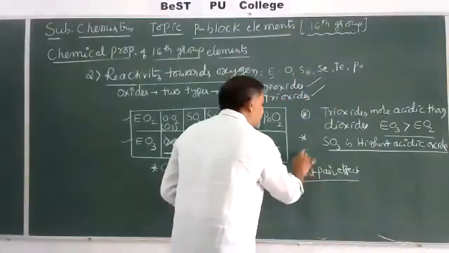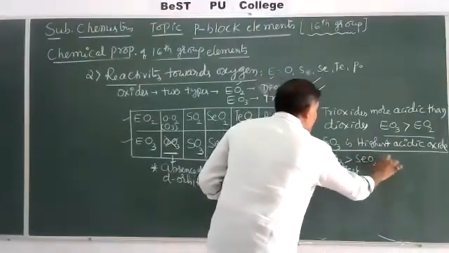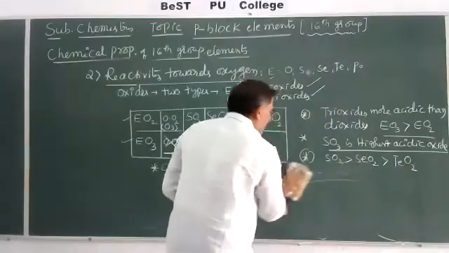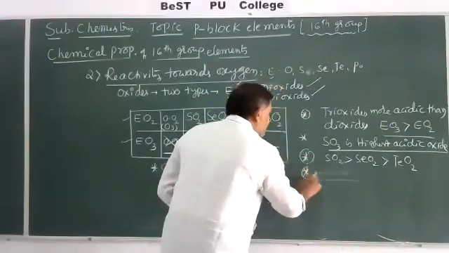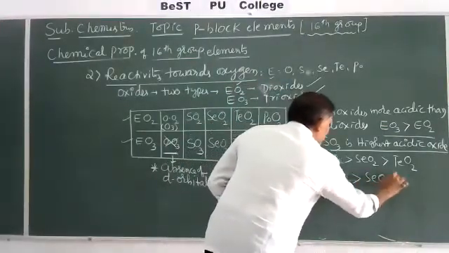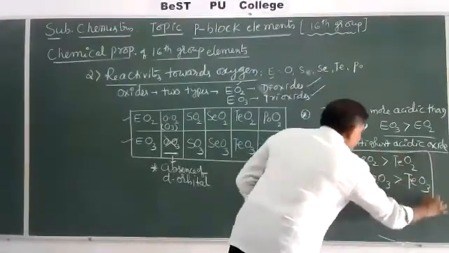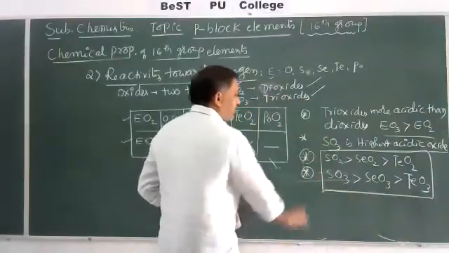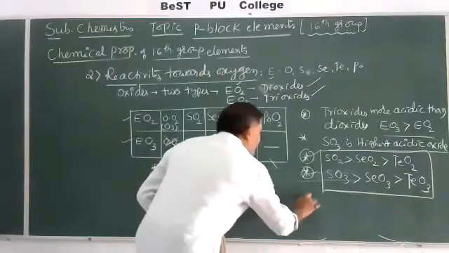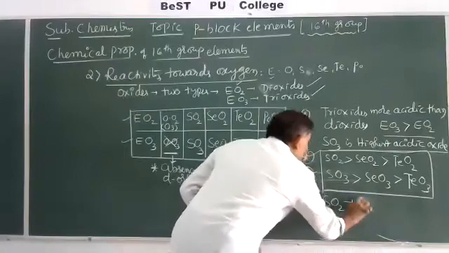The acidic strength of dioxides is SO2 greater than SeO2 greater than TeO2. Similarly, the acidic nature of trioxides is SO3 greater than SeO3 greater than TeO3. This is the order of acidic strength of dioxides and trioxides. Now the SO2 dioxide acts as a reducing agent.